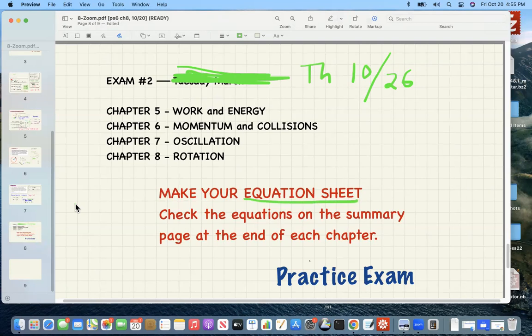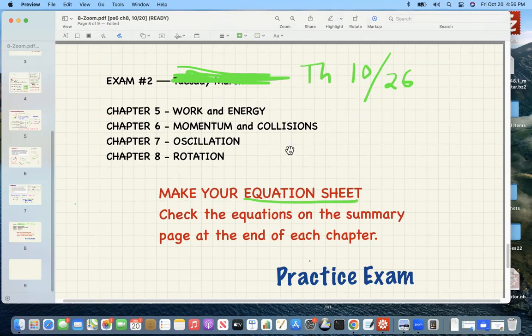You can also use the equation sheet that you used on the first exam in case you need to refer back to something that was on the first exam, because it's a cumulative process. Each new chapter relies on some things from old chapters.